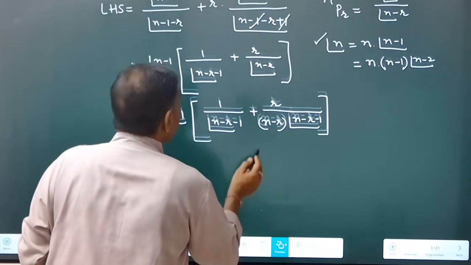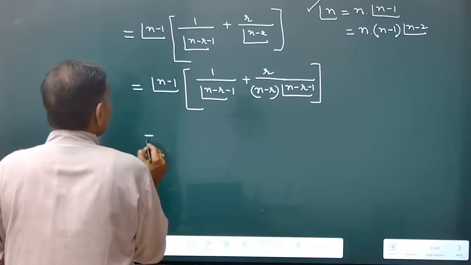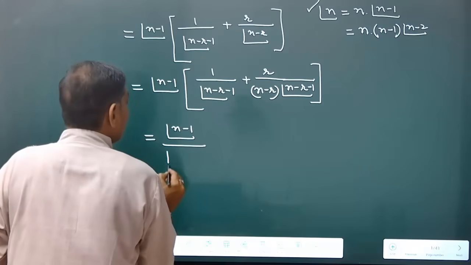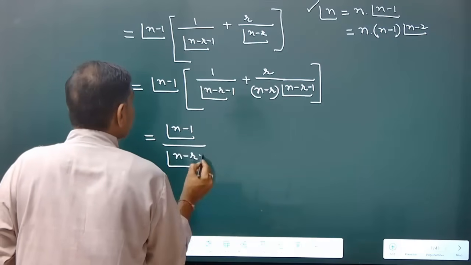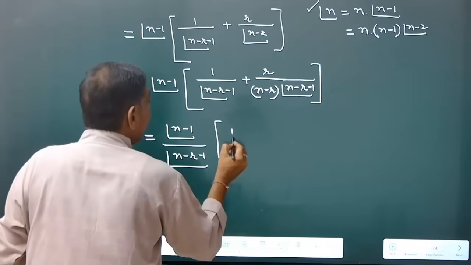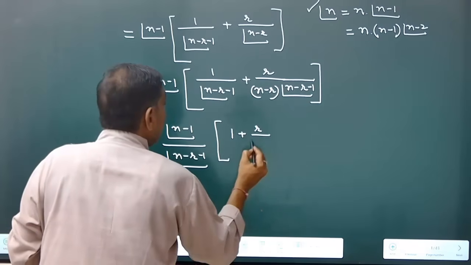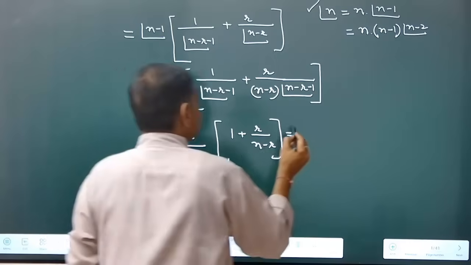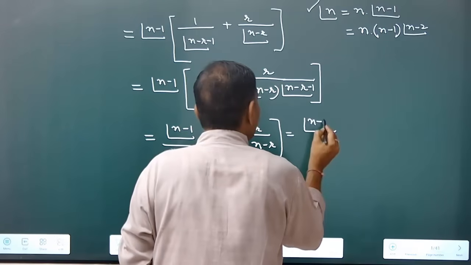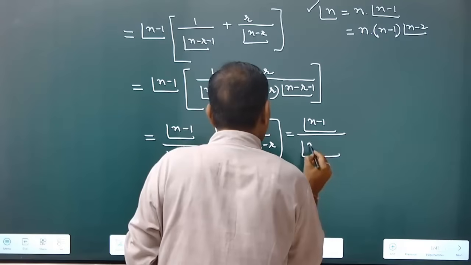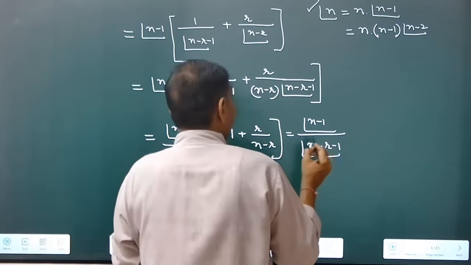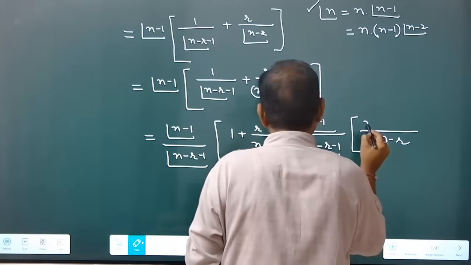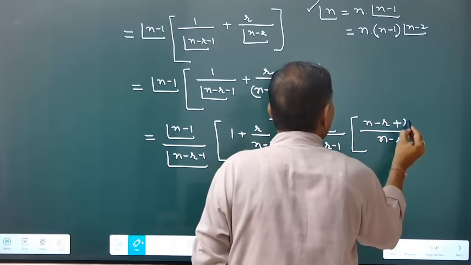So this is equal to factorial n minus 1 upon factorial n minus r minus 1, bracket will be 1 plus r upon n minus r. Simplify the bracket, which means factorial n minus 1 upon factorial n minus r minus 1, bracket will be n minus r plus r over n minus r.